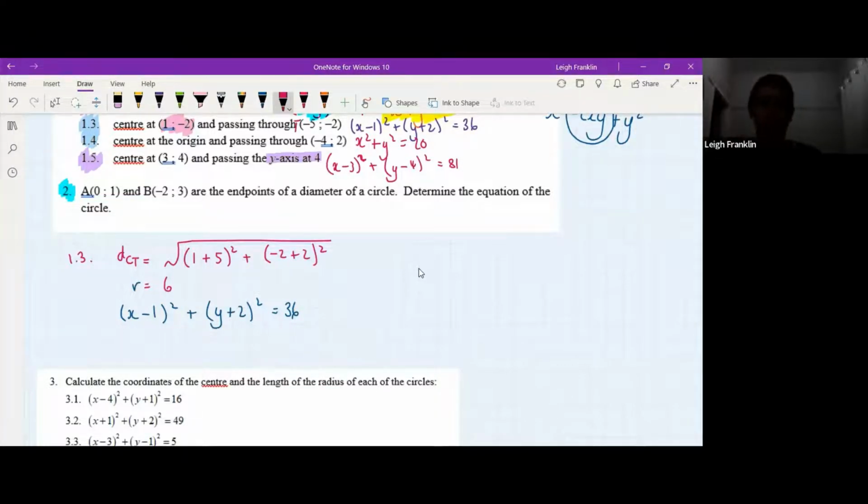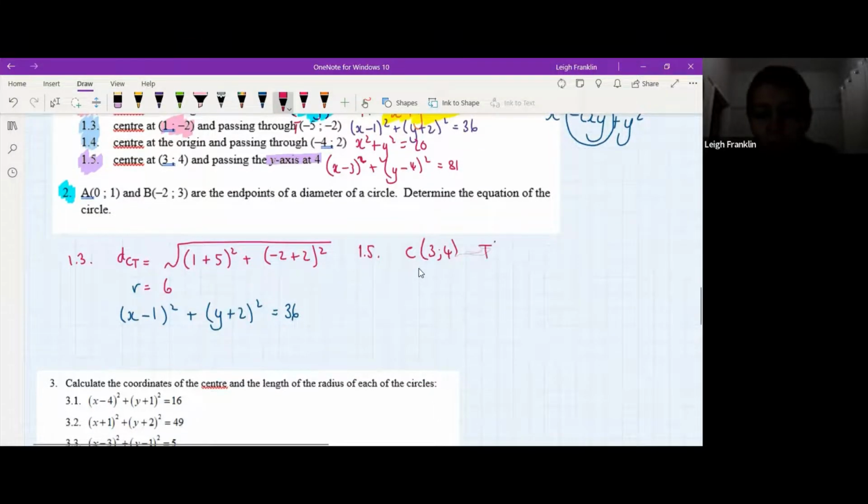Oh, with pleasure. Okay, so this is what I did in 1.5. The coordinates at the center are 3 and 4, and T is a point on the circumference on the y-axis at 4. So that means x is equal to 0 when y is equal to 4. Then I worked out the distance CT, in other words the length of the radius, using the distance formula.